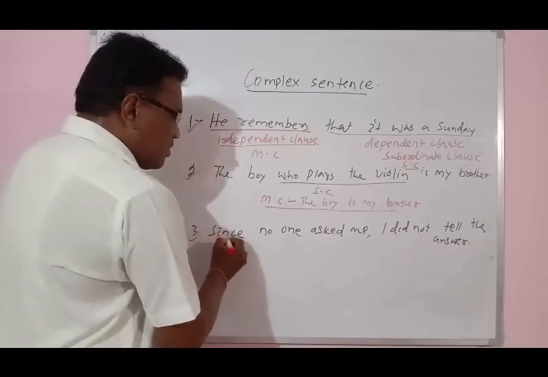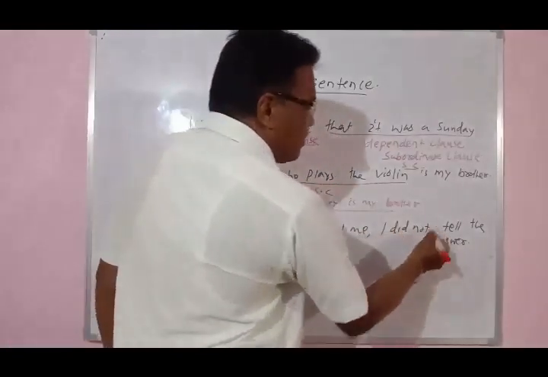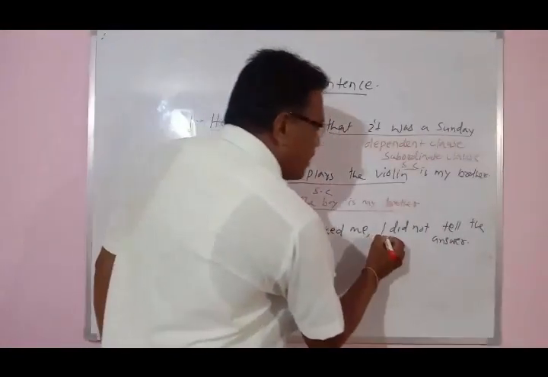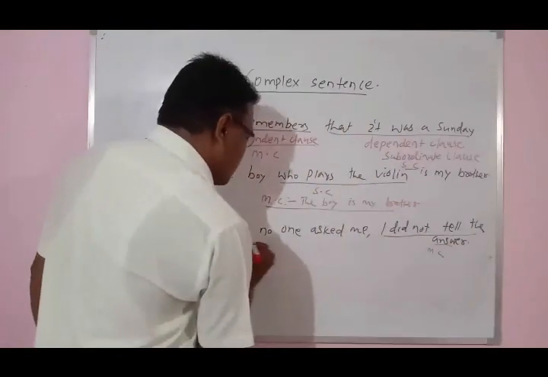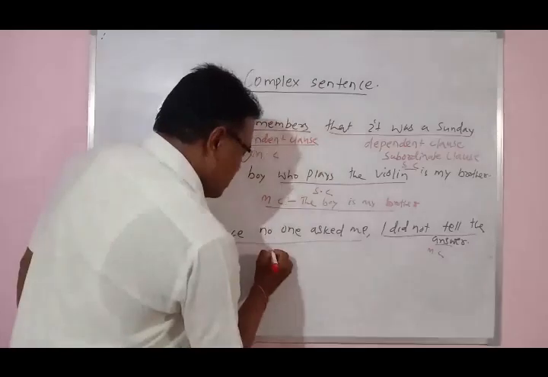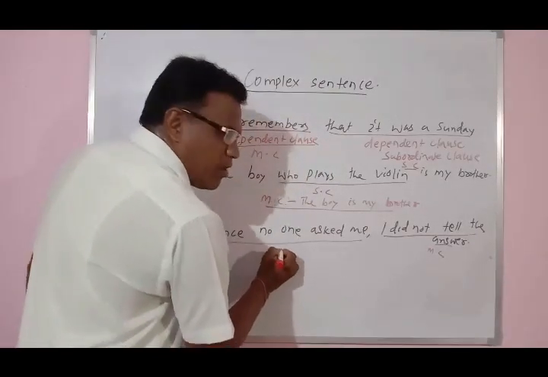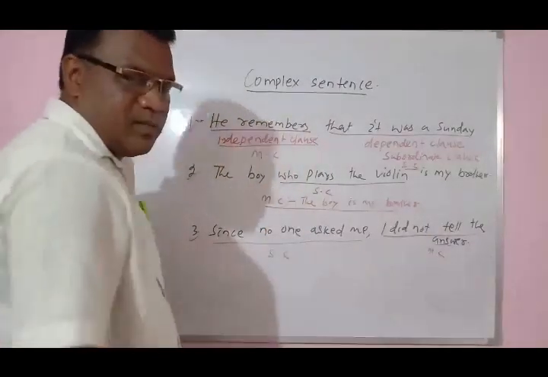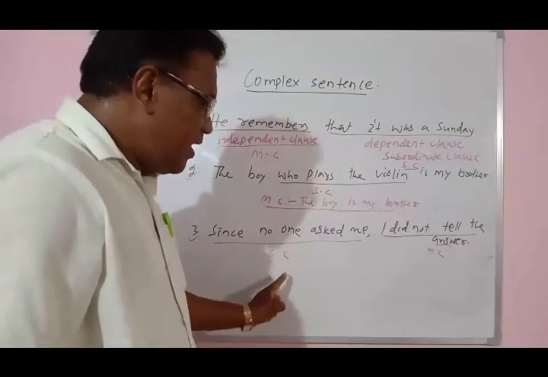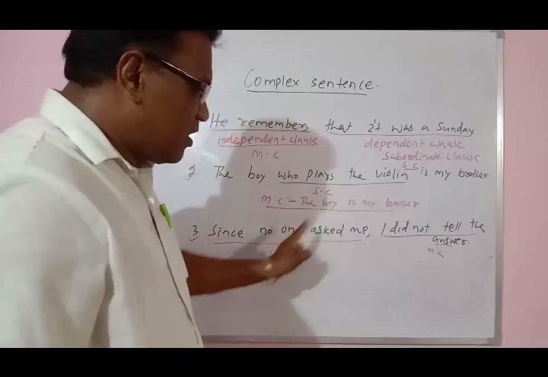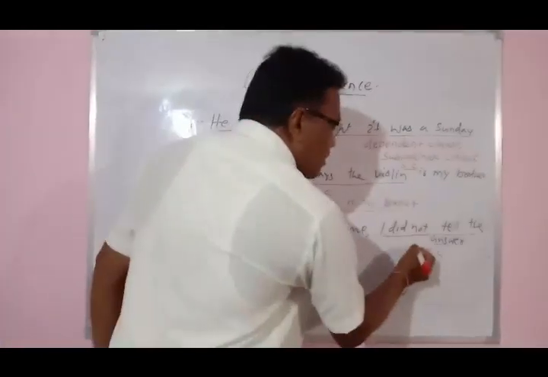Third one. Since no one asked me, I did not tell the answer. I did not tell the answer is main clause, and since no one asked me is subordinate clause or dependent clause. You see, students, subordinate clause is called as dependent clause, as the subordinate clause depends upon the main clause.